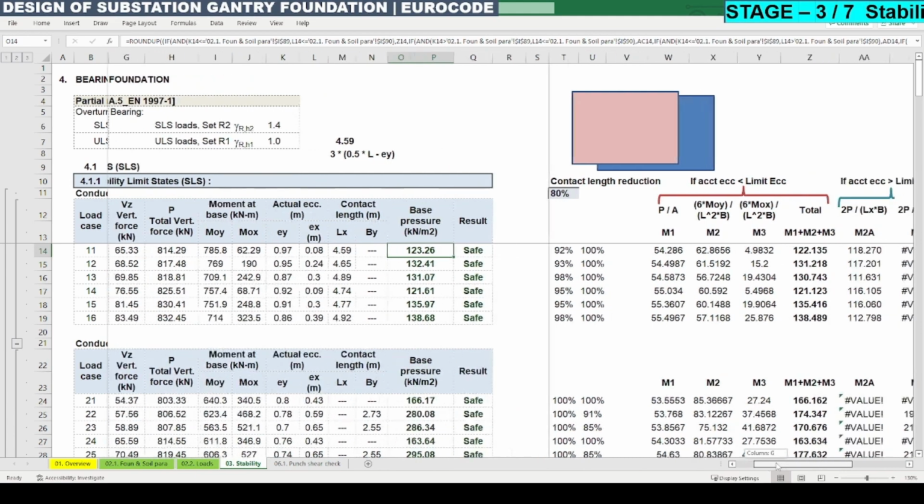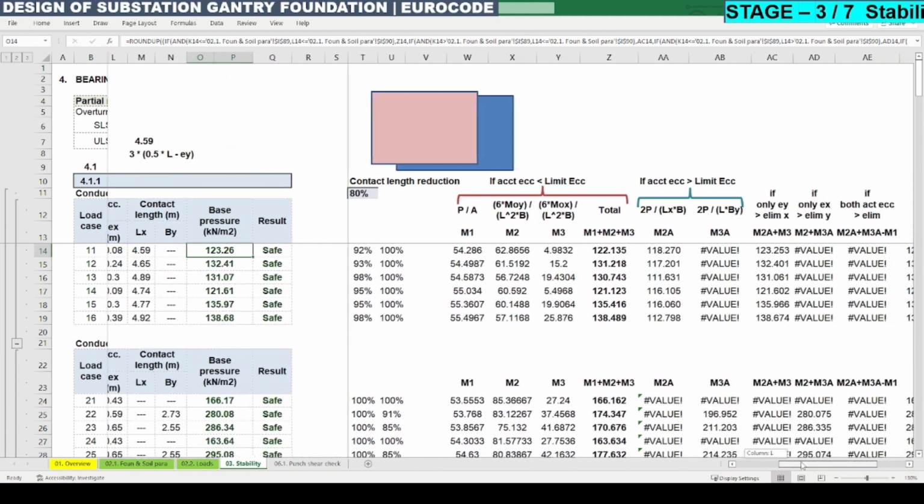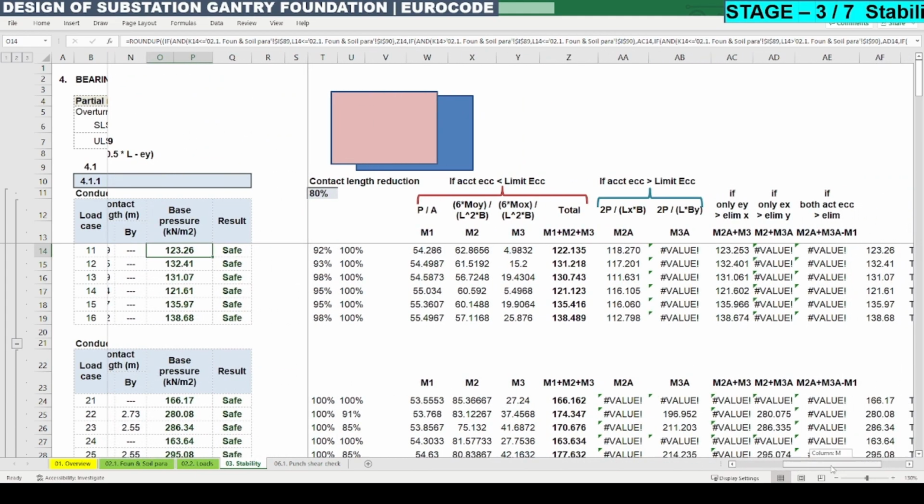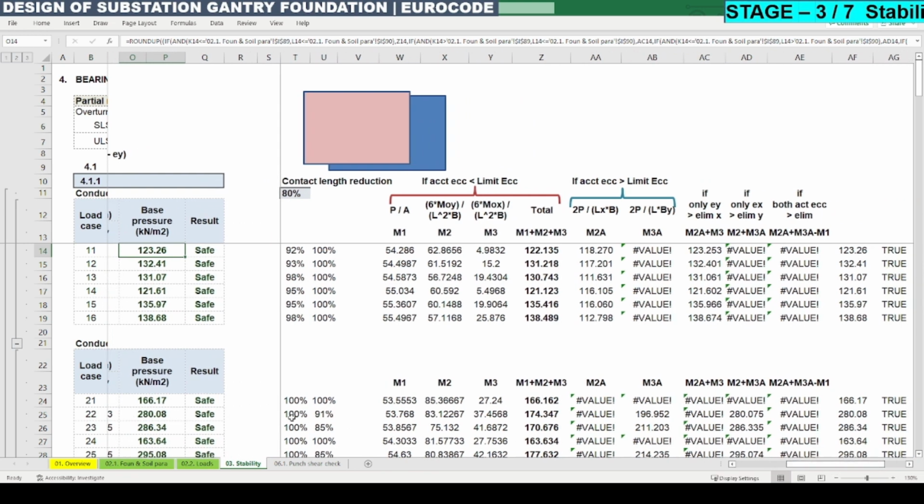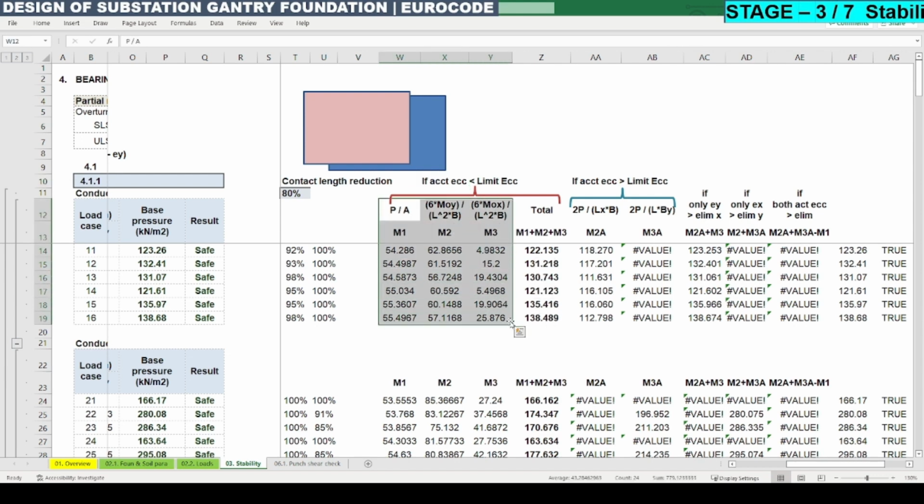The base pressure, if you see, is somewhat difficult to calculate for this gantry foundation. So first let us understand how this base pressure is arrived at. There are simple cases. One is if the actual eccentricity is less than the limiting eccentricity, then we need to consider all these three equations.